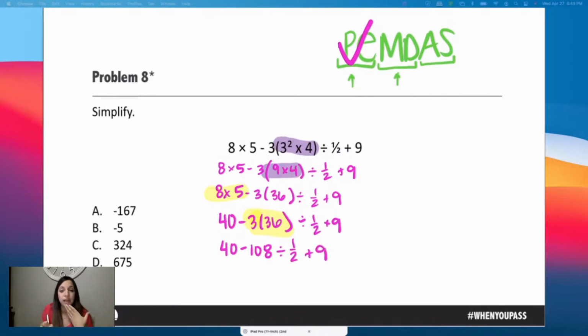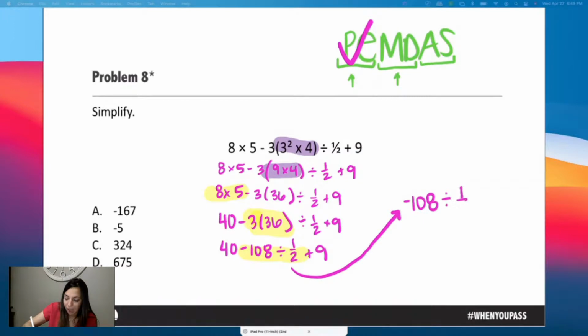What am I going to do next? I'm going to do my division. However, when we divide fractions, we have to keep, change, flip. So this is not 108 divided by 2. This is -108 divided by 1/2.